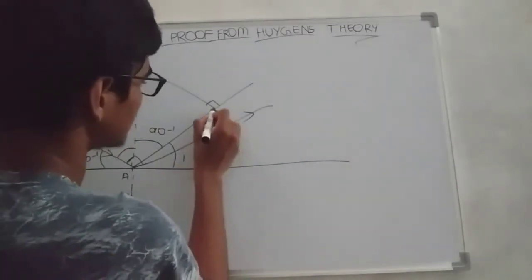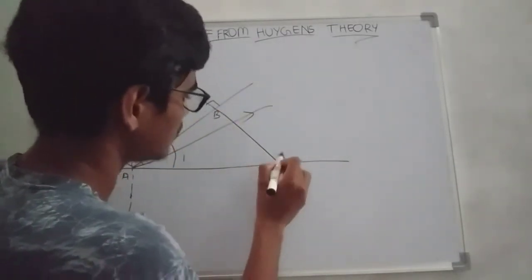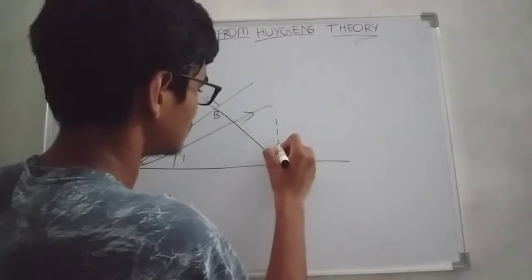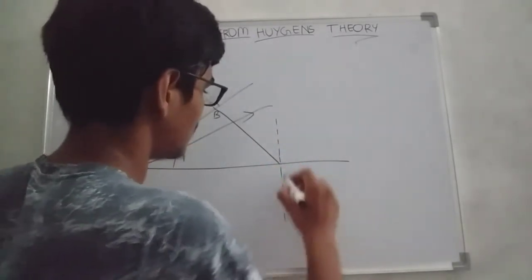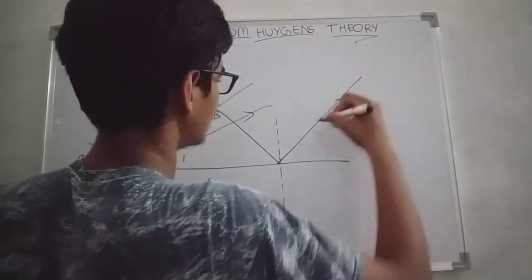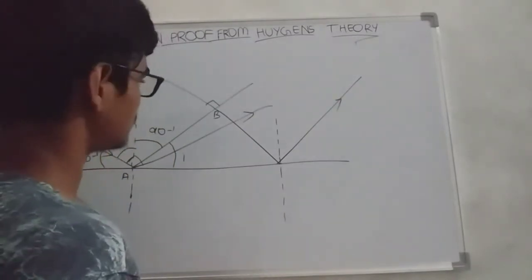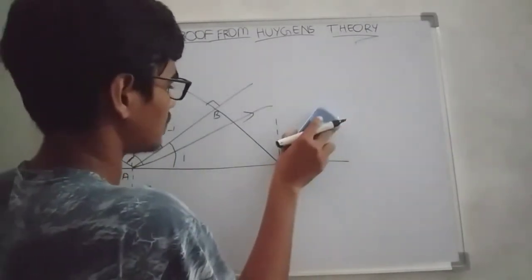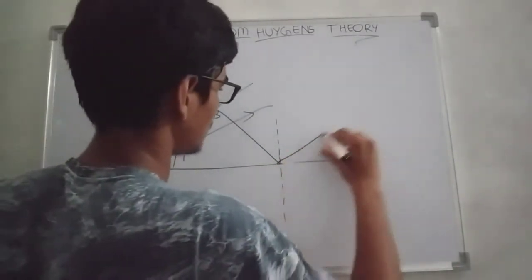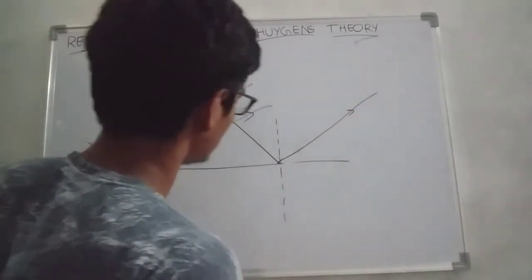Now consider the second ray. It is also incident, consider this to be the normal, and it reflects.